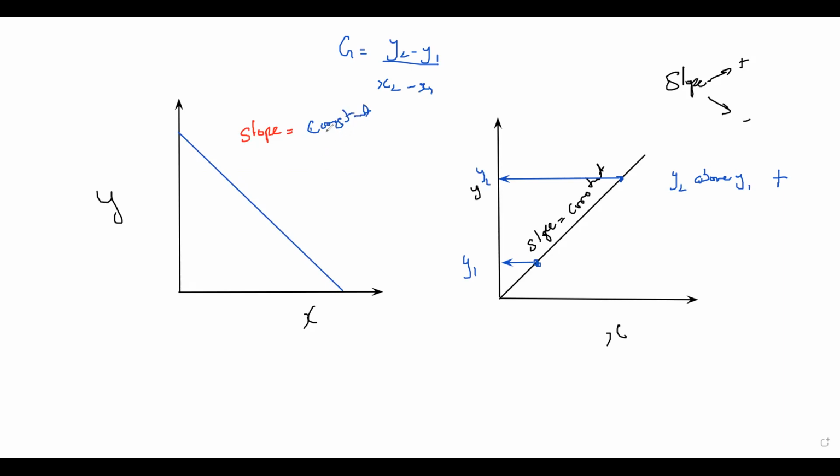When we mark the 2 points, the first point on y-axis is called y1, and the second point which we mark on the line is y2. So you can see here y1 is above y2. So when y1 is above y2, it means the value of the slope will be negative.